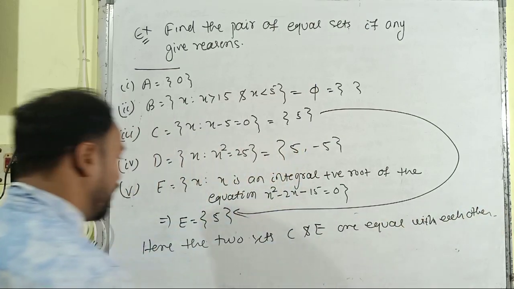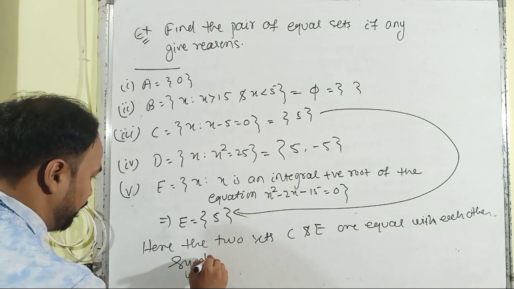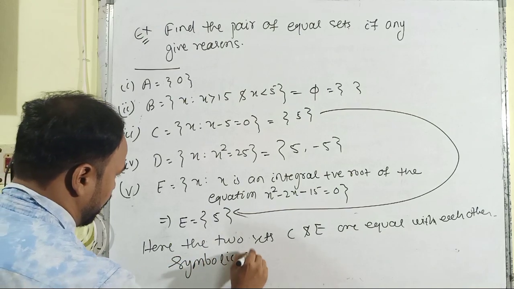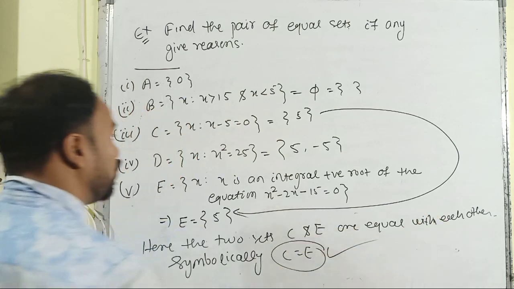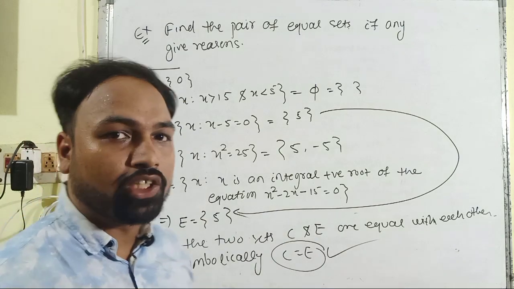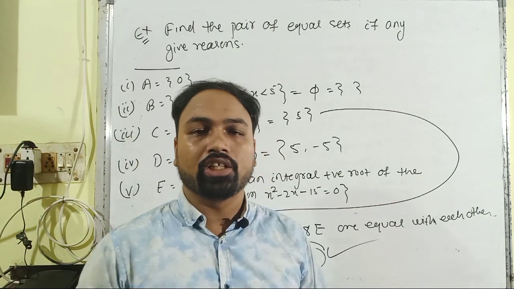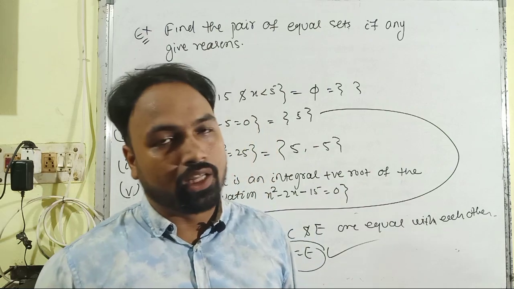Or in symbolic form, we can represent it as C is equal to E. So these are some of the basic examples based upon the fundamentals of sets. In the next topic we are going to discuss more on the chapter of sets. Till then, thank you.